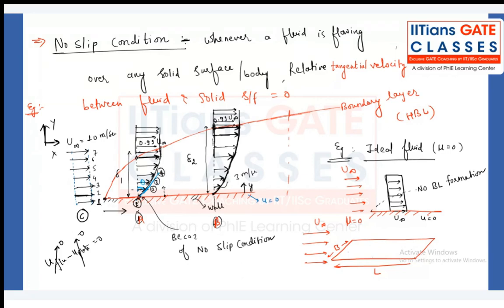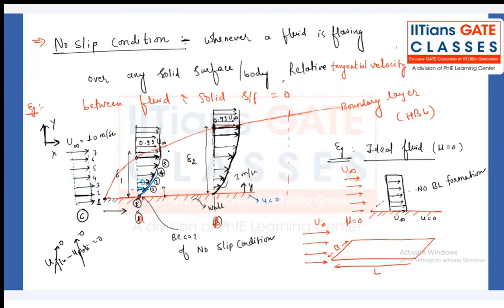Now, what will the communication be between the third particle and the fourth particle? The fourth particle says, why are you not moving? I'm just moving with a handsome velocity. But the third particle will say, no, I got stuck by the second fluid particle. We already had the communication that we have a huge bonding, but it is getting slowed down, so I also need to get slowed down. But the fourth particle will say, no, I have the bonding with you as well as with the fifth particle.